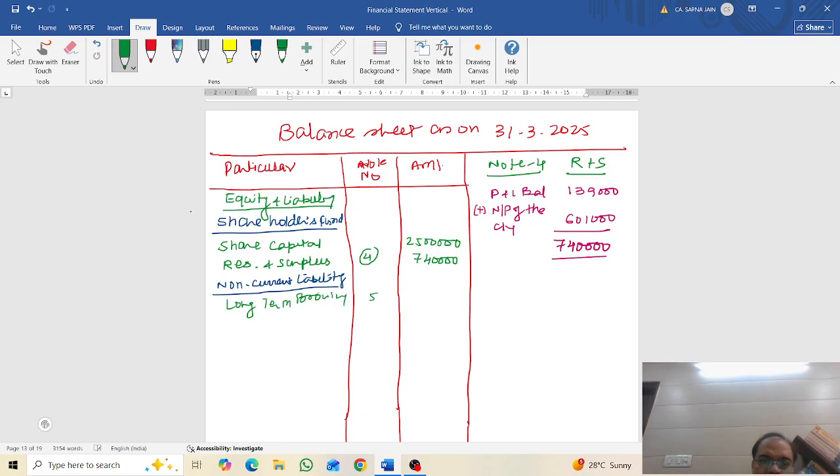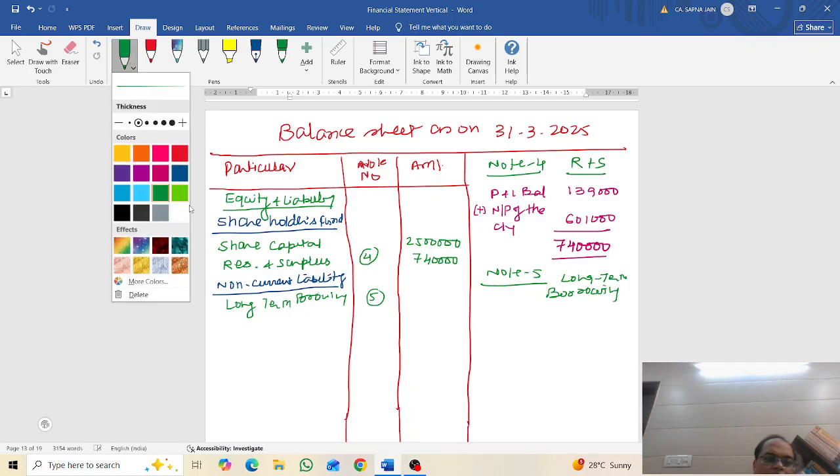So now prepare note number 5 for long-term borrowings.